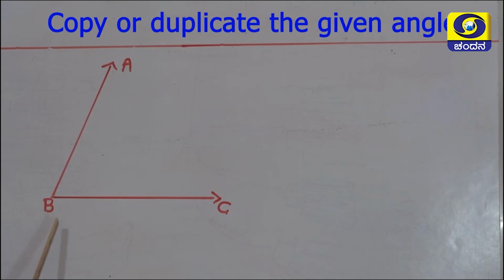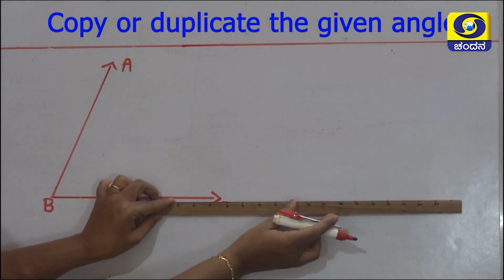To copy or duplicate an angle already given, let us make a line segment here.